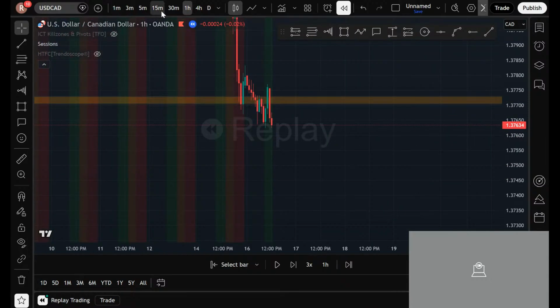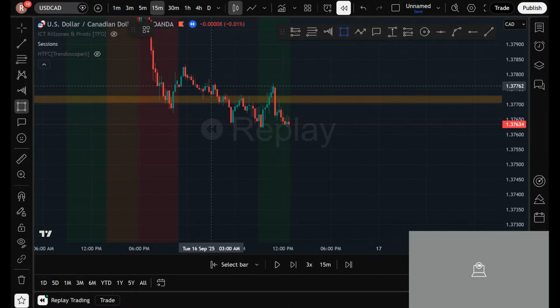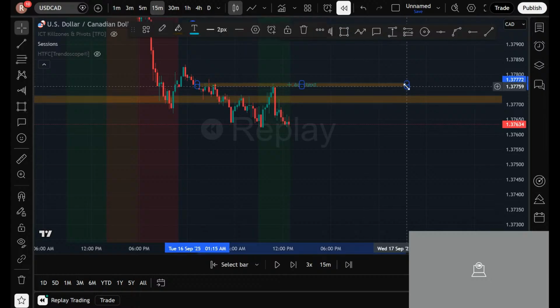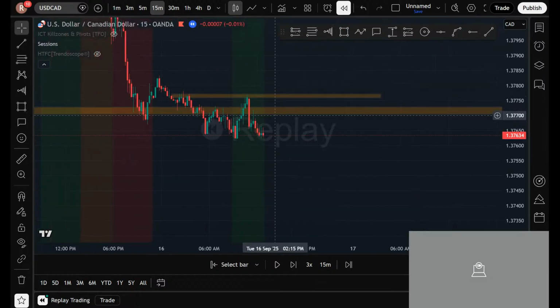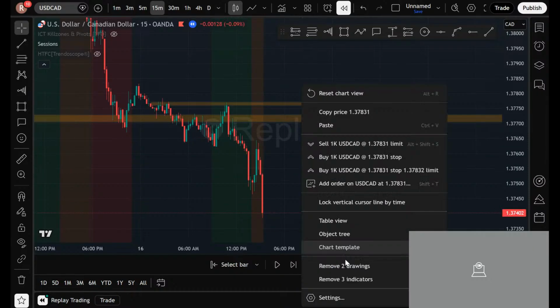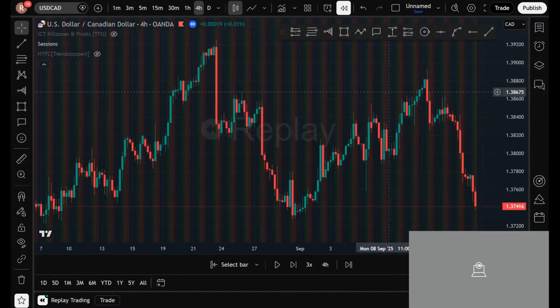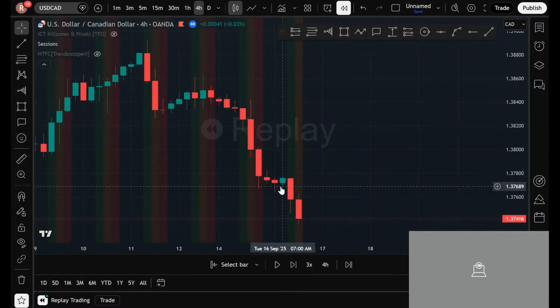But still, my bias is totally bullish from where price breaks above this point, not here. Yes, it's fine. Price went down because I had a bullish bias because of this candle.